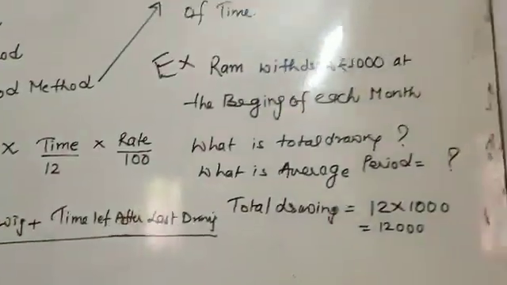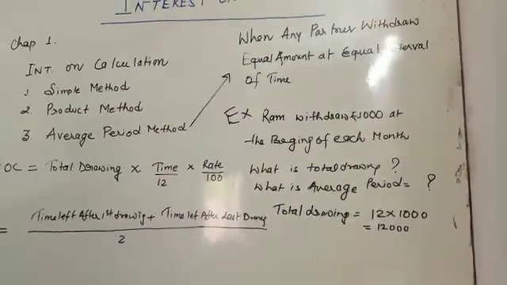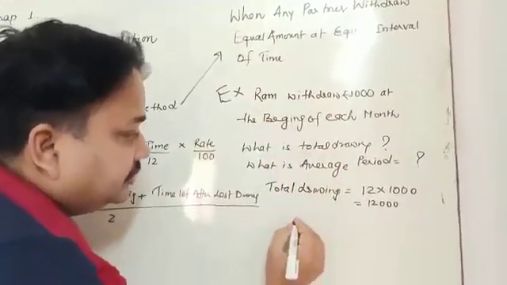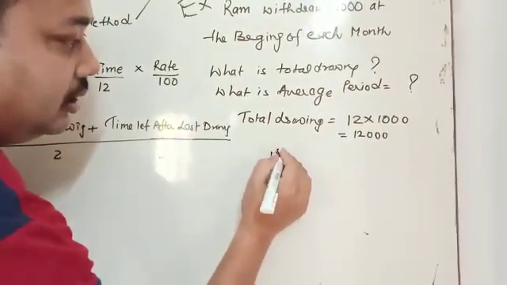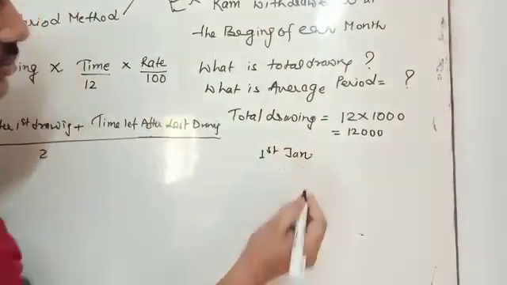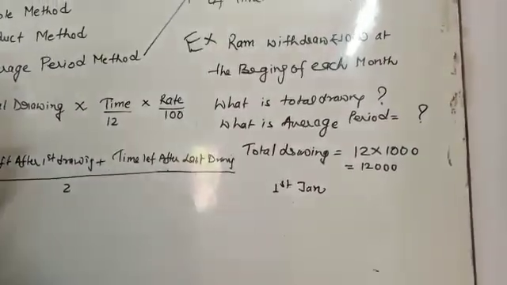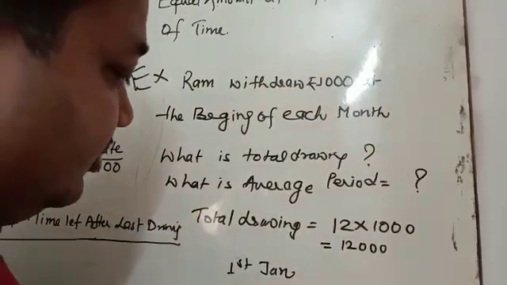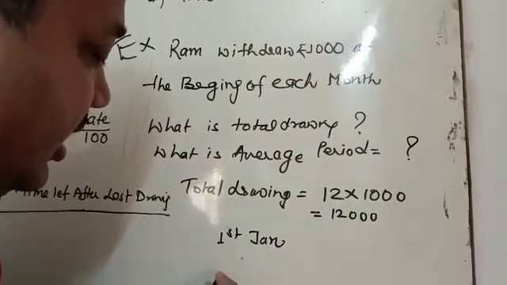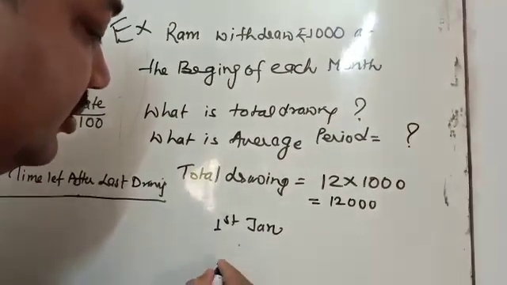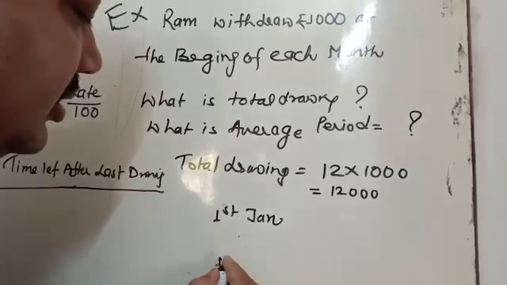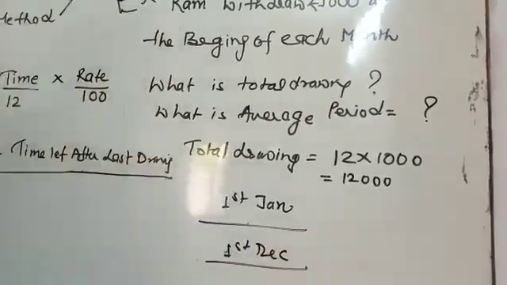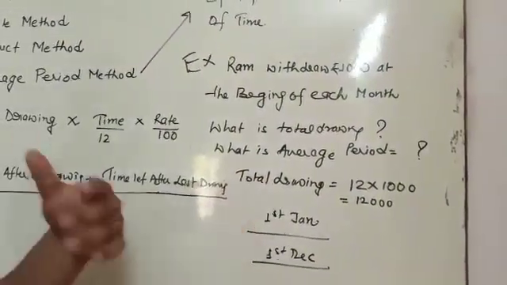Suppose in this question, Ram drew on 1st Jan. What was the last drawing? On 1st December. Time left after first drawing.